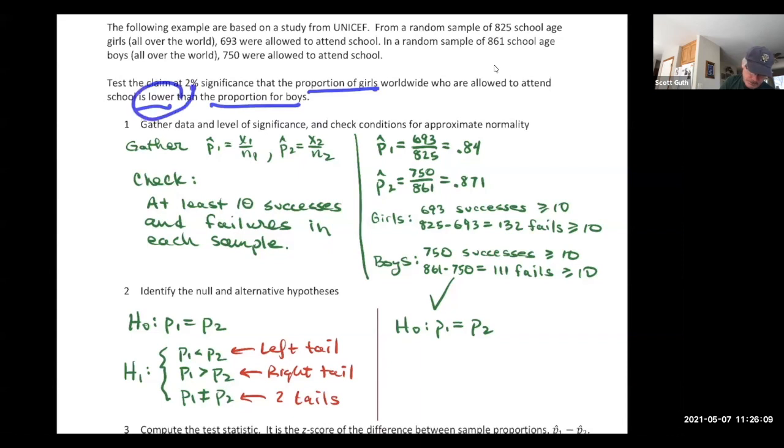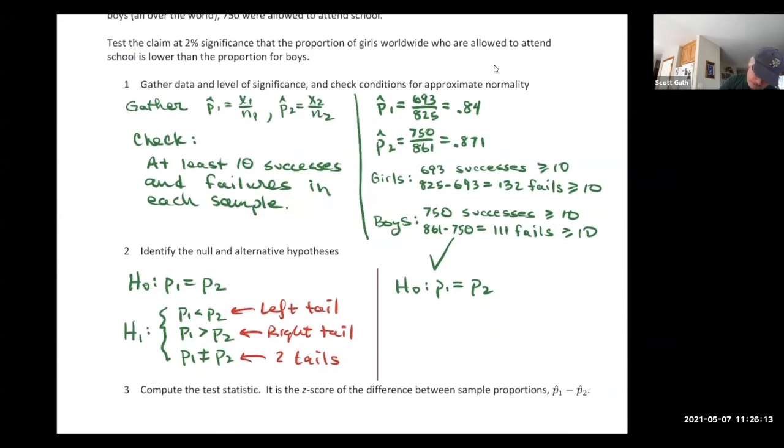See the lower there? So we should say p1 is less than p2. And that makes this a left tail test. Okay, any questions?